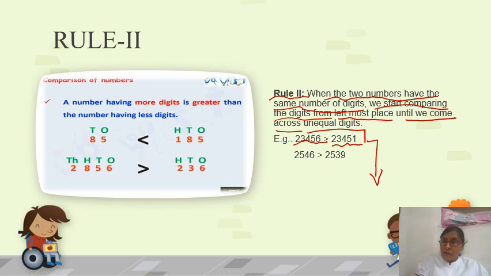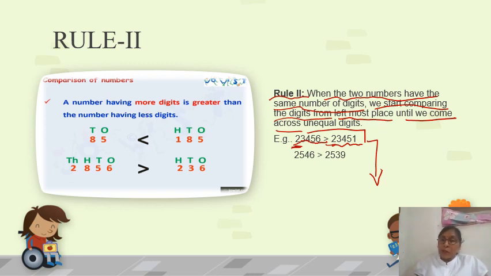Now, from the leftmost place, we compare. In this number, the greatest place, that is 10,000, the digit is 2. Here also the greatest place, the digit is 2. That is the same in both numbers.